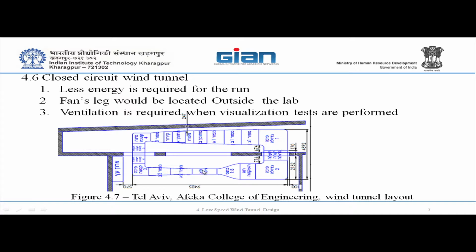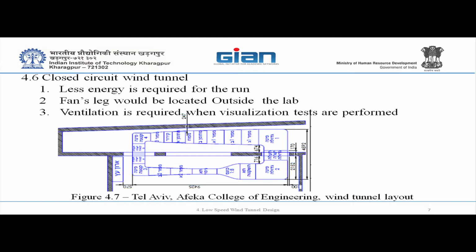So this is the test section. This is the diffuser. First diffuser, second one, but not a second diffuser, it's part one, part two of the first diffuser. This is the first corner.